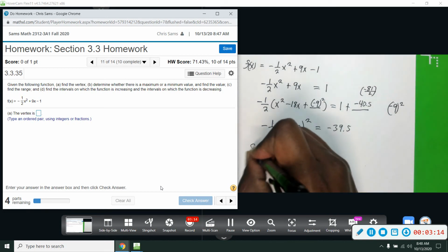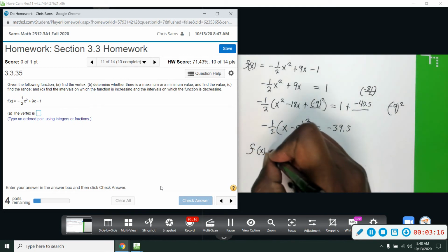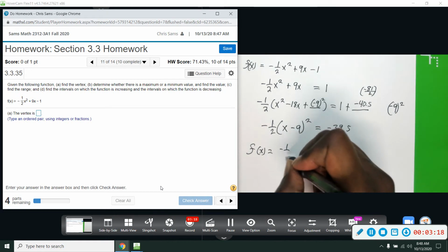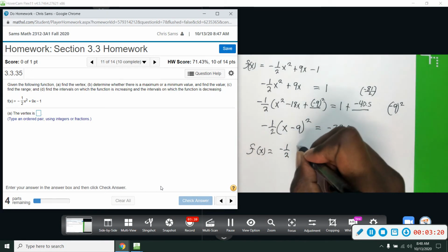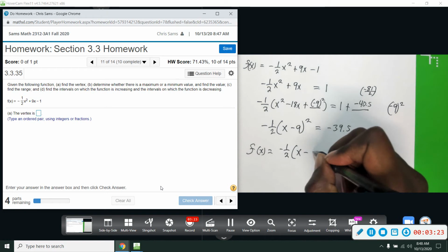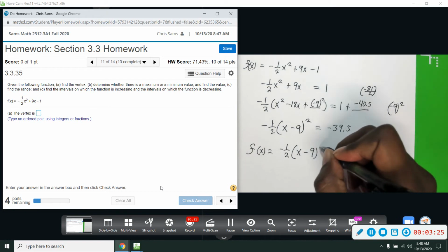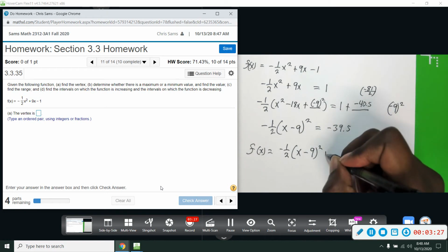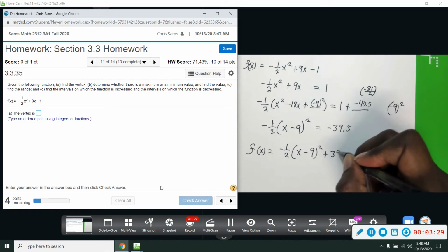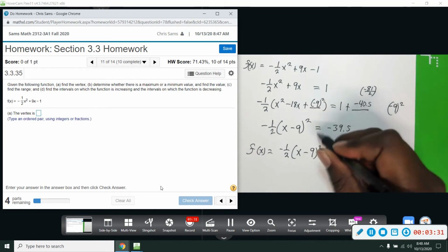So your function in vertex form is negative 1/2 times x minus 9 squared plus 39.5. That's moving it back over.